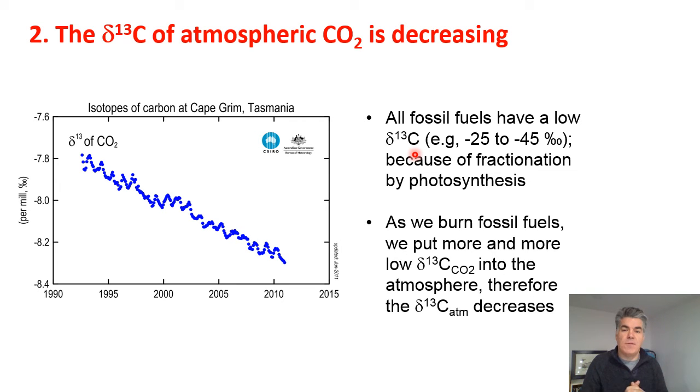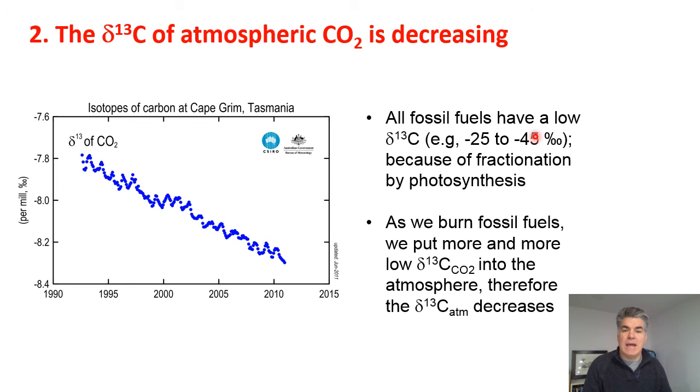So in the case of photosynthesis, plants or algae or whatever, in the process of photosynthesis, they're going to prefer to take up molecules that contain more C12, the lighter isotope, versus C13 or the heavier isotope. So there's going to be a change in the ratio of carbon isotopes through the process of photosynthesis.